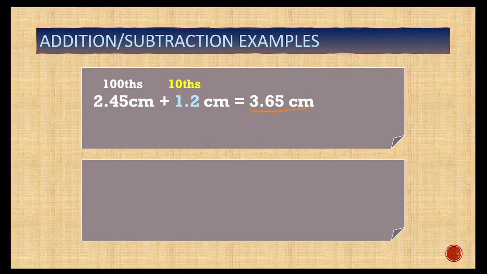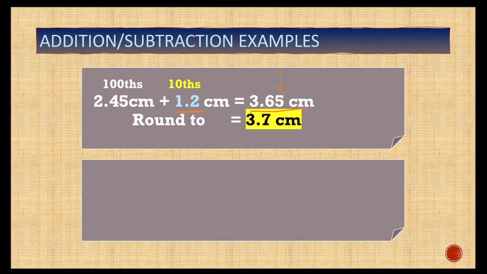So I've highlighted 1.2 in blue to indicate that that is the least precise value, and that is what our final answer will be based upon. So even though 3.65 is our calculator answer, we're going to round our final answer to the tenths place. Because of the 5, we're going to round the 6 up to a 7. So our final answer is 3.7 centimeters.